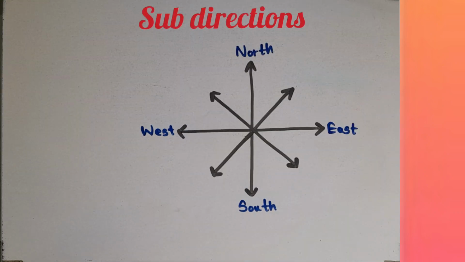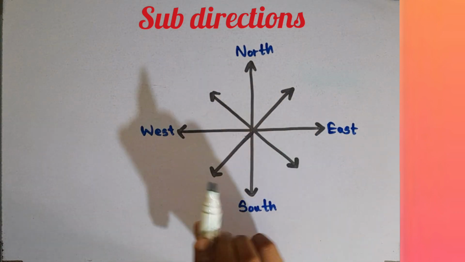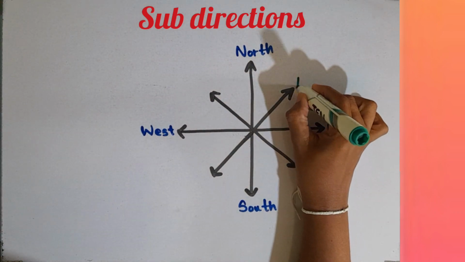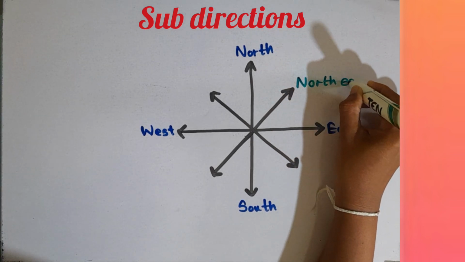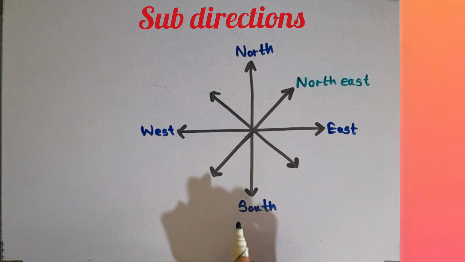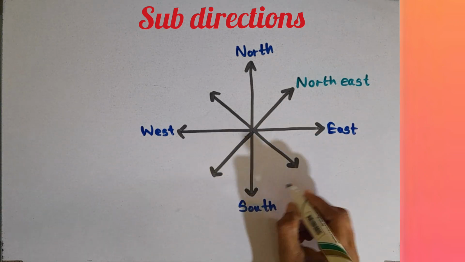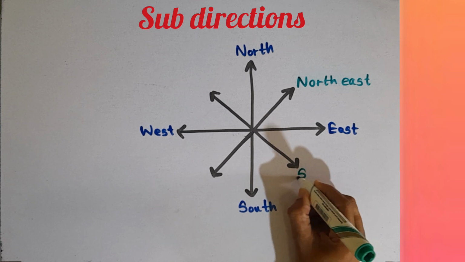Now let's learn about the four subdirections. What are the four subdirections? In this diagram, I have marked the four main directions. Then between north and east, we have the subdirection northeast. Northeast, I will write it here. Then between east and south, we have southeast.